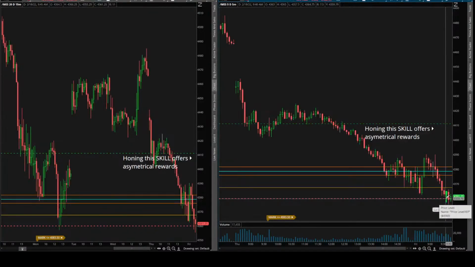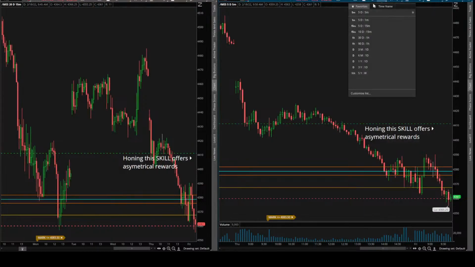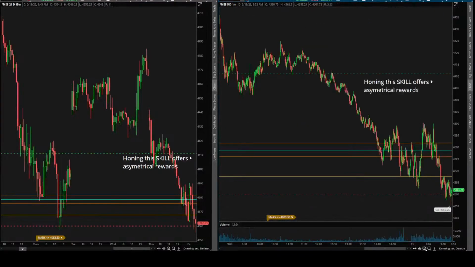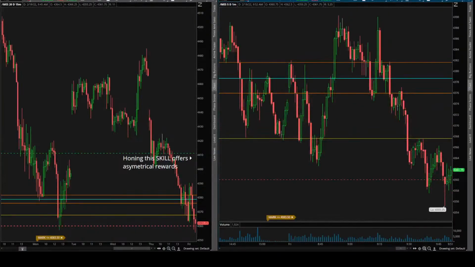And going down, not going anywhere quickly, but just steadily marching lower. Trend is to the downside.